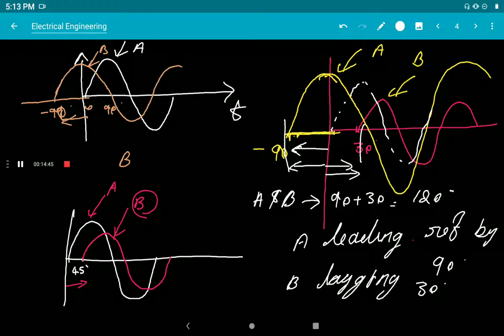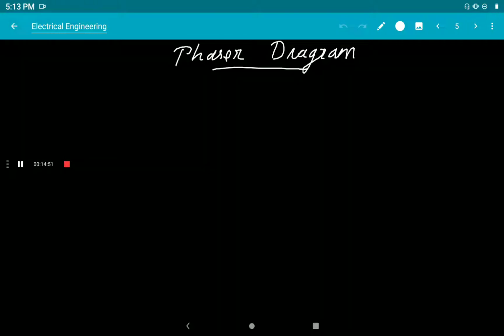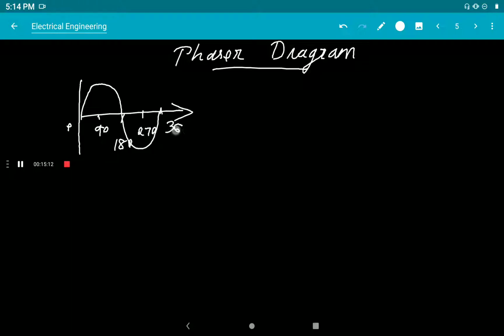Okay. Now, angular relations can be represented. Before going to the phasor diagram, we know that we represent a sinusoidal waveform in degrees: 0, here 90, here 180, then 270, and up to here 360 degrees.